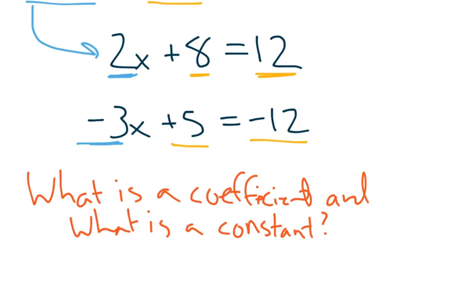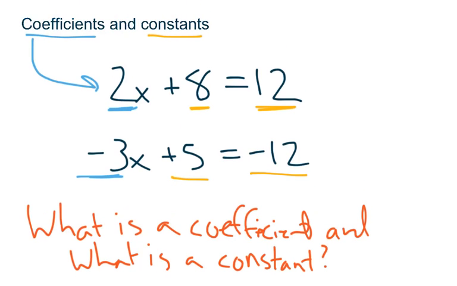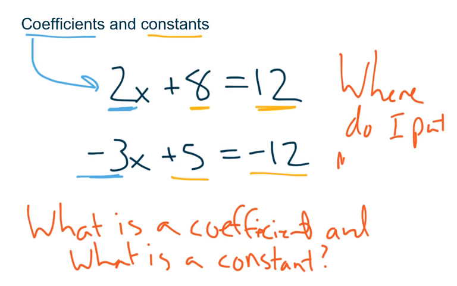And then that leads to yet another question, which is, where do I put my variable? So as you're reading, let's be mindful of these things. Let's think about what will be a coefficient, what will be a constant, and where we'll be putting a variable.